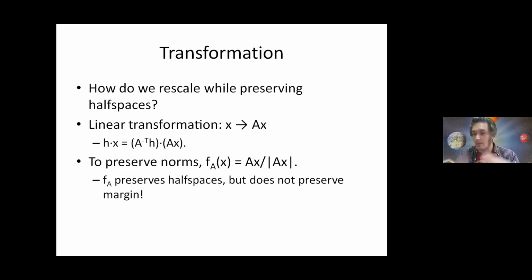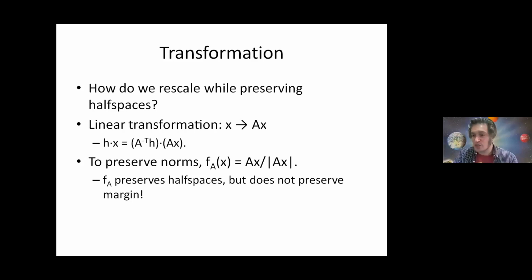So you renormalize it so that everything's back on the unit sphere. And the nice thing to note about this is that this function f sub A still preserves half spaces, right? We first applied a linear transformation, which preserved half spaces, and then we rescaled things, which preserves half spaces.